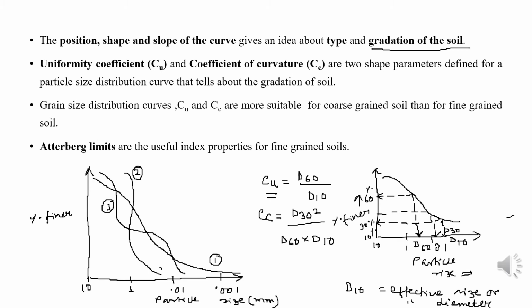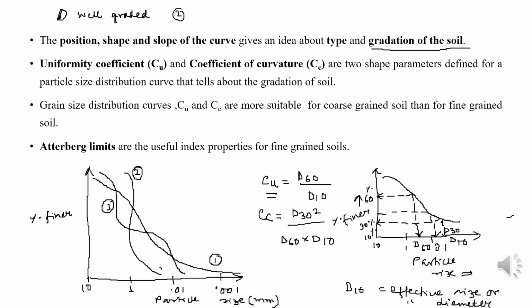So it's a well graded soil. So we can say my soil 1 is well graded. Okay. Next, we will see what is my soil sample 2.